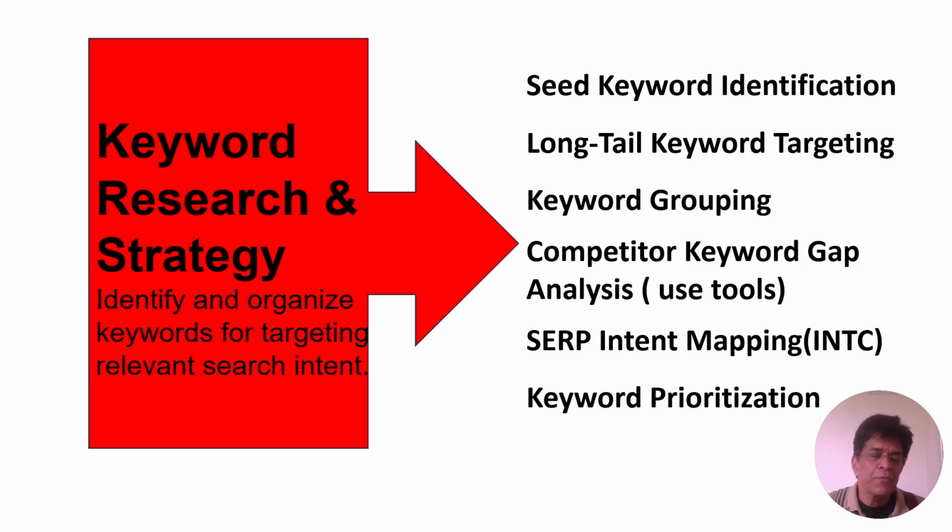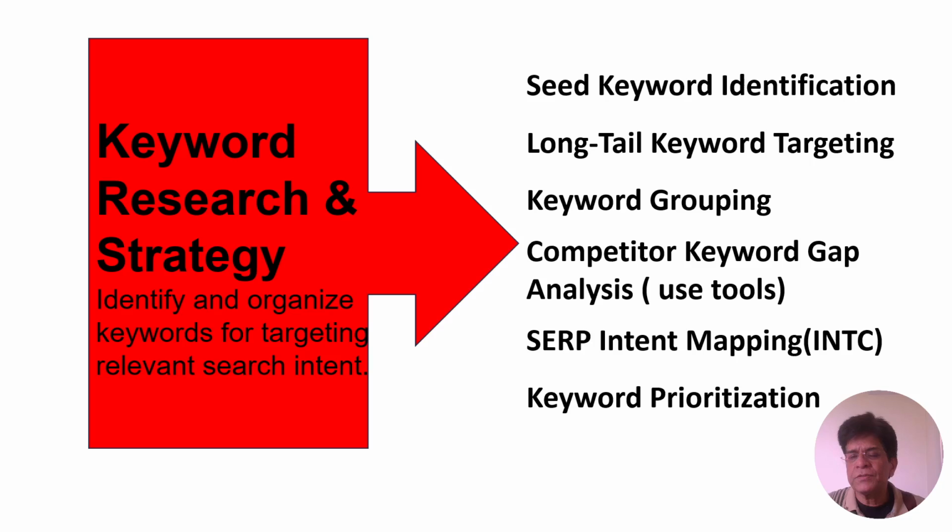That analysis we can use. Different tools are there. We will be using SEMrush and other tools to identify that. SERP intent mapping, which we will see in the next slide. I'm keeping that for the next slide.